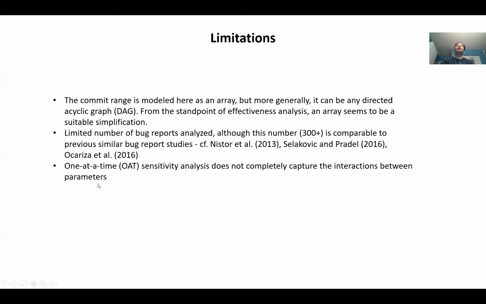And then the last one that I've written here is that the one at a time sensitivity analysis that I've conducted only captures the individual contributions of each property, but it doesn't capture the interactions between those properties. So it doesn't know any of the sort of correlations between those properties. So this is less of a threat to validity and more of a limitation in terms of what we didn't conduct.